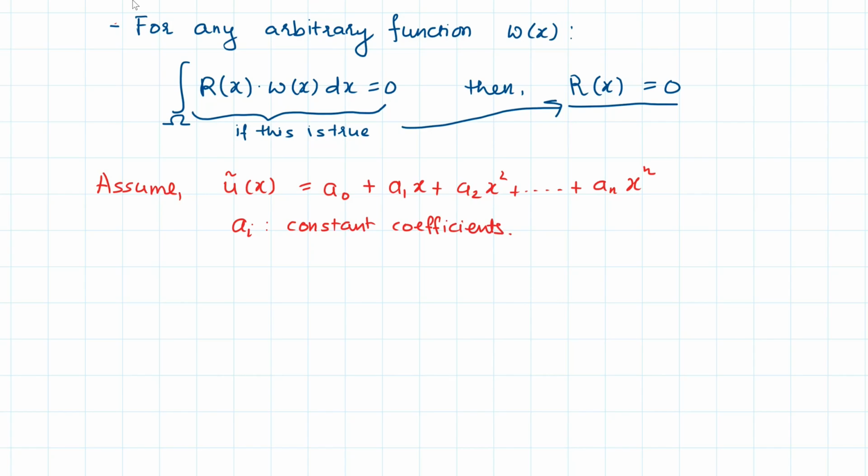So in order to find the approximation to the displacement, we have n unknowns, which are ai, that will require n equations.